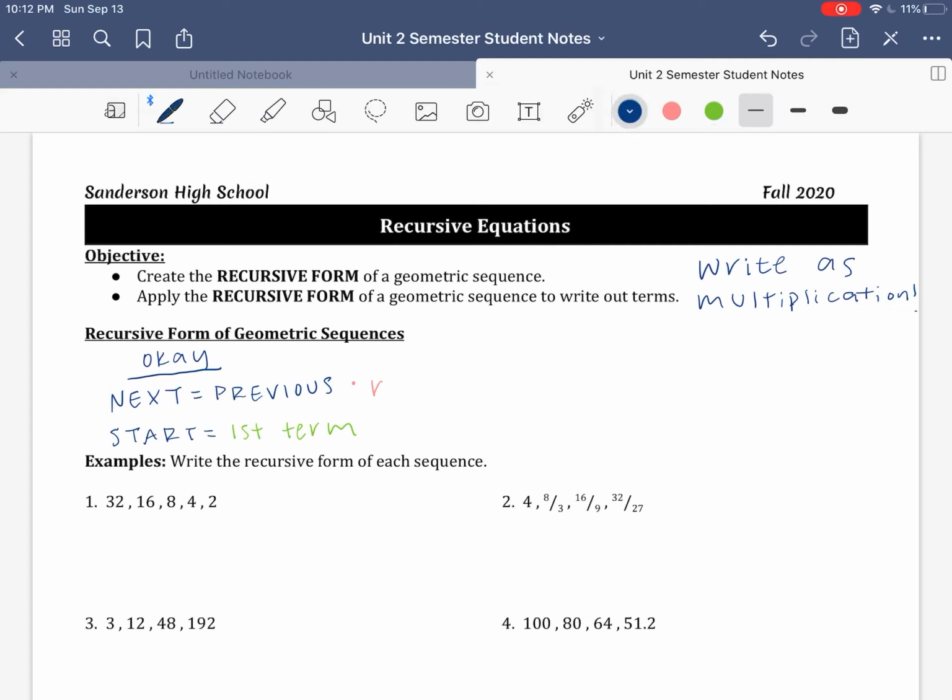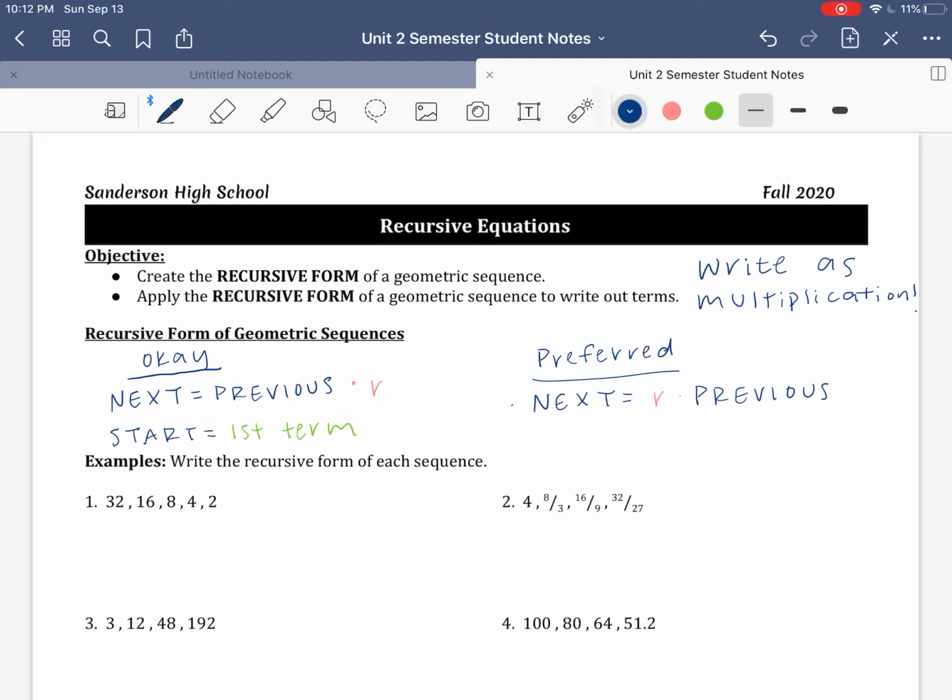The more common way to write this one, I'm going to call it the preferred way, is going to look like this. We still write the next equals, but then the number we're multiplying actually goes in front, times the previous.